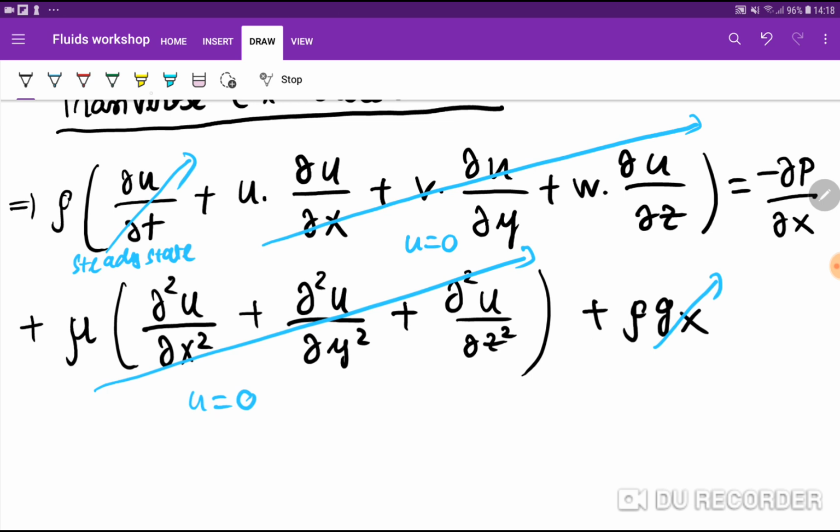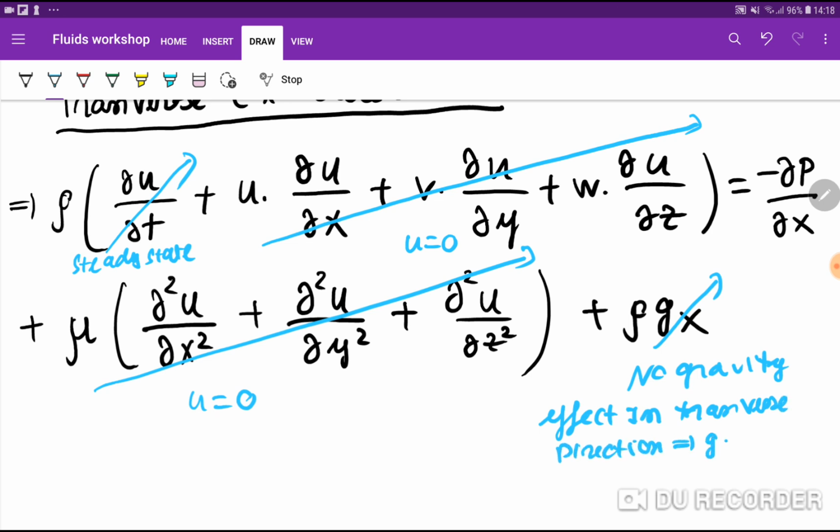So gx is 0. Okay, so what do we have left? We have this term left, and it equals 0.